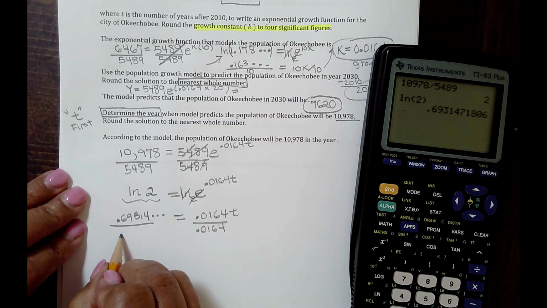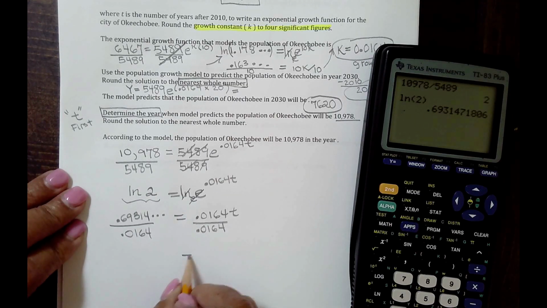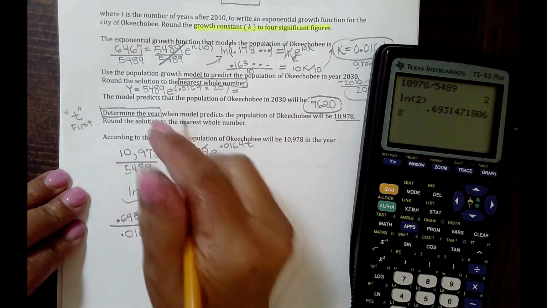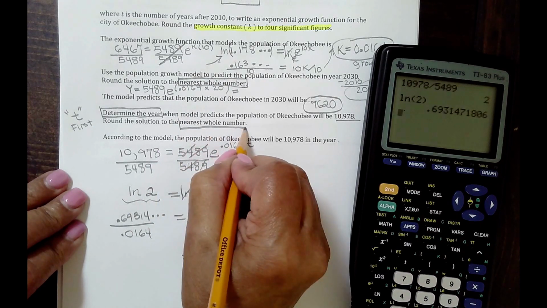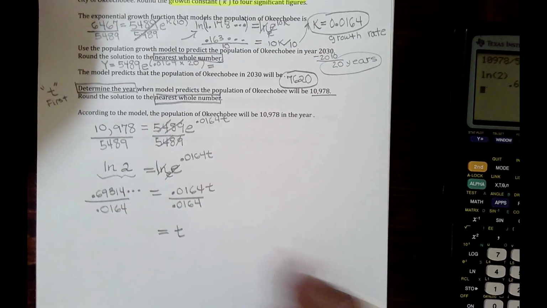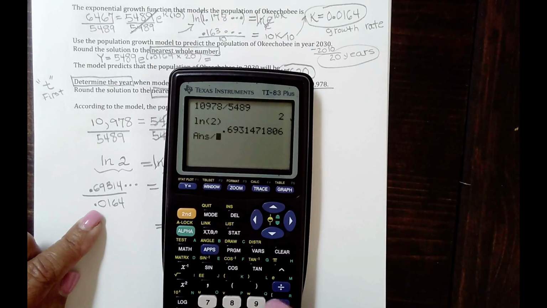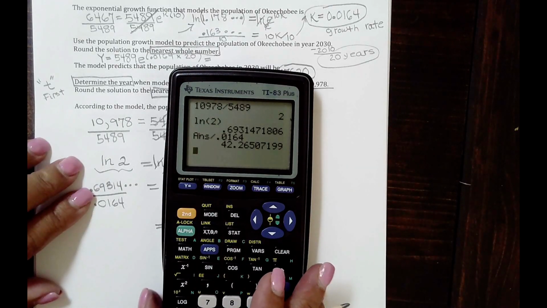Likewise on the other side, 0.0164. So t is approximately, and again, it says round to the nearest whole number for the part that we're on. So this turns out to be divided by 0.0164, approximately 42 years.